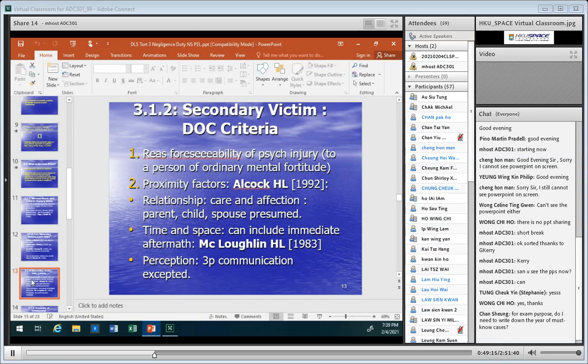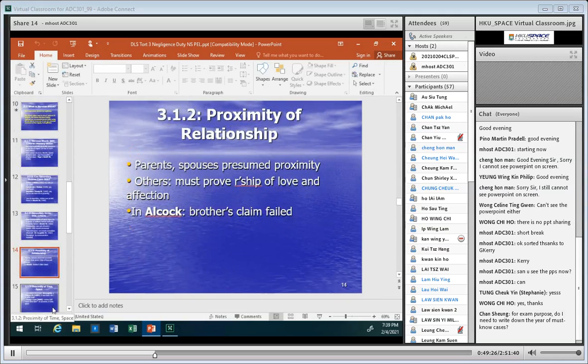Okay, and of course, with regard to relationship, proximity of relationship, if you're in a relationship of parent-child, spouse, that's presumed proximity. Okay, good. I mean, fair enough. I mean, parents and children should be close. Spouses should be close. Okay. However, if you're in any other relationship, you've got to prove close ties of love and affection.